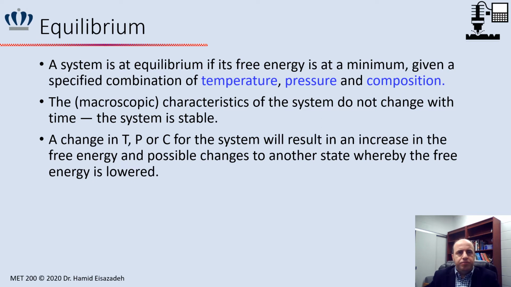A system is in equilibrium if the free energy is at a minimum under some specified combination of temperature, pressure, and composition. If that happens, then the characteristics of the system do not change with time, so we call the system stable.